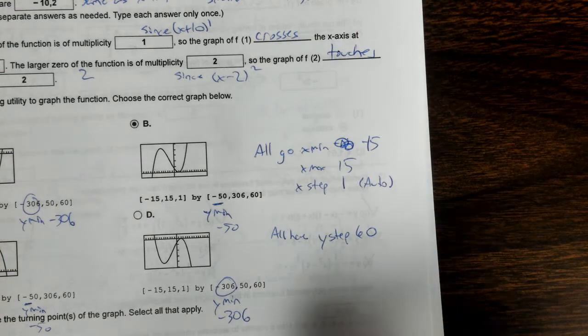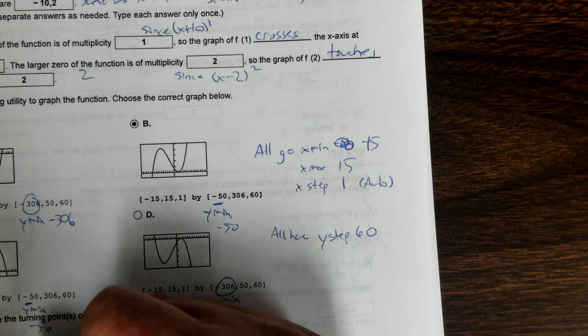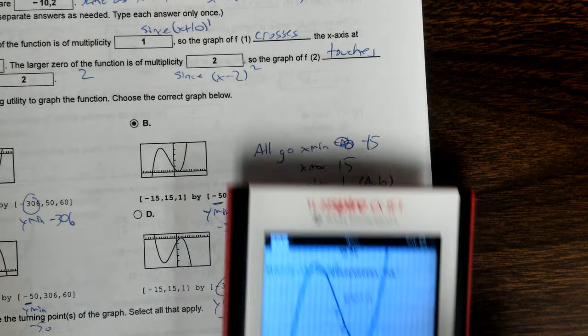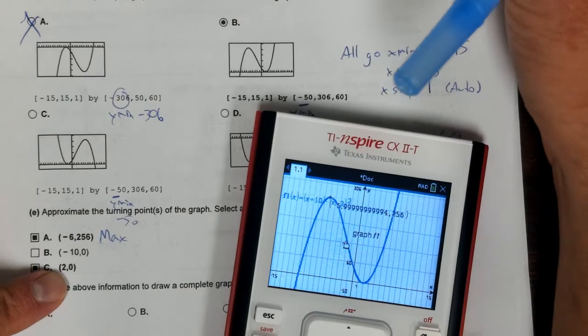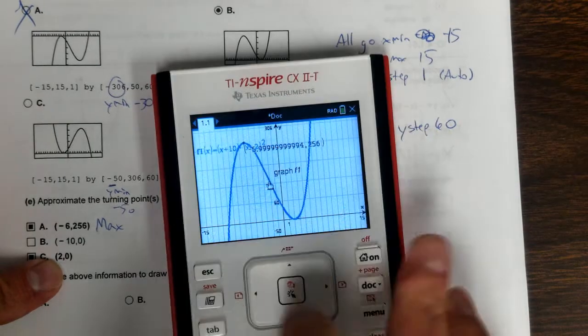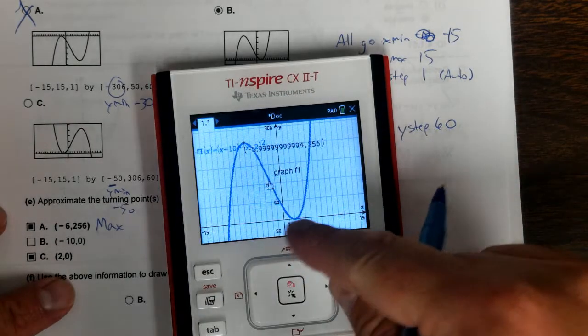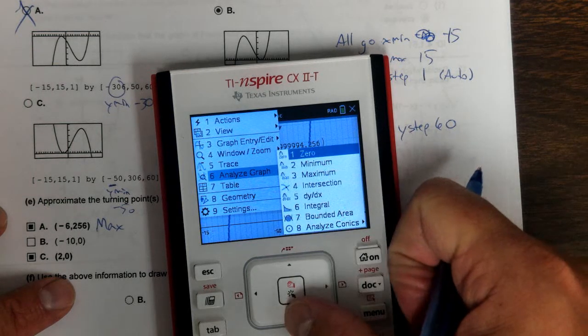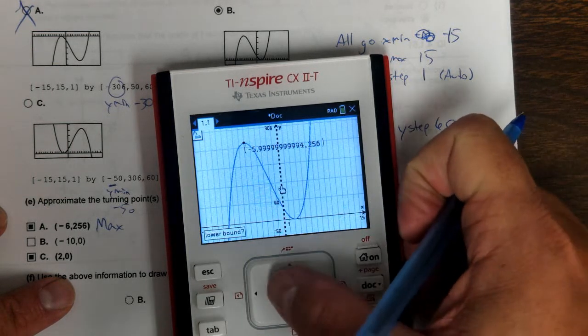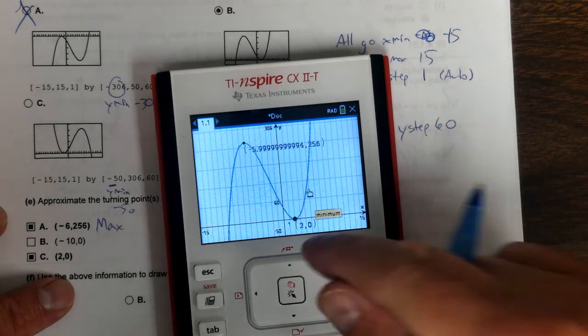So that's going to be the one that's a maximum. The negative 10, 0, for mine doesn't make any sense. And the 2, 0 is probably the minimum. Analyze minimum between here and here. Yeah, that says 2, 0.